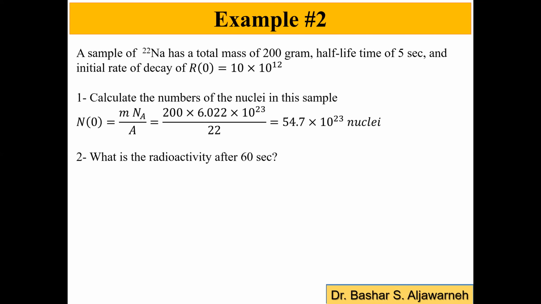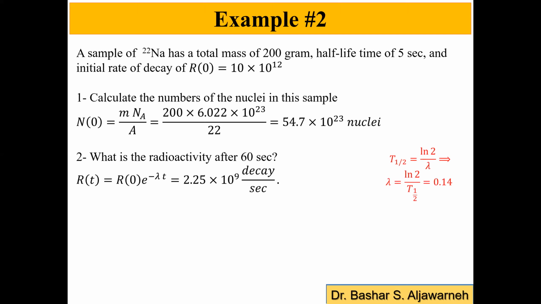Second, what is the radioactivity after 60 seconds? R after 60 equals R of 0, which is given here, 10 times 10 to the power 12 decays per second, times exponential minus lambda times t.